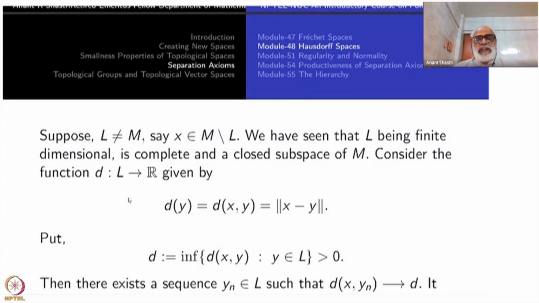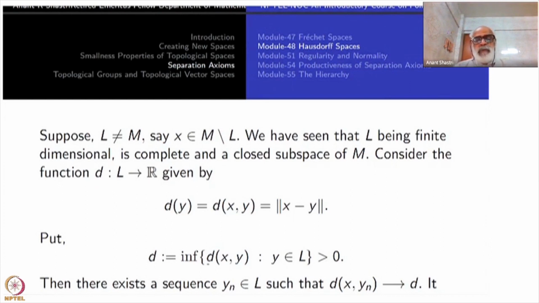So consider the distance function, given by the same norm, nothing else. From L to R, d of y is the distance of y from x. x is fixed, so this is a continuous function. It is just equal to the norm of x minus y.